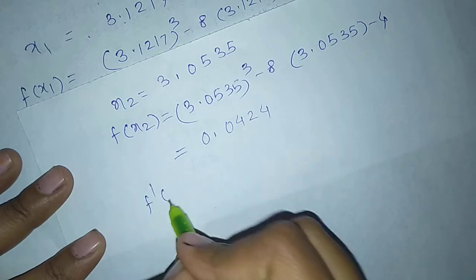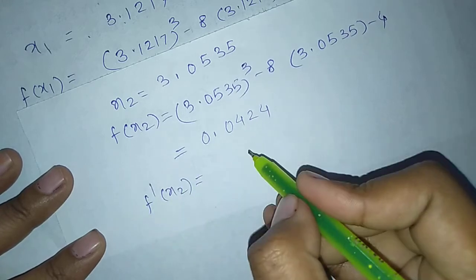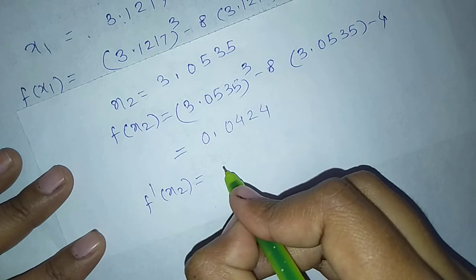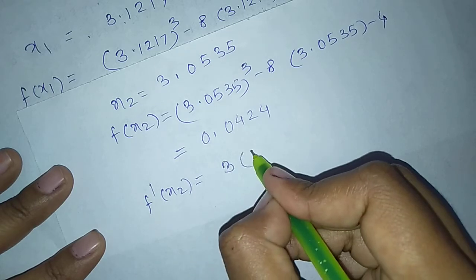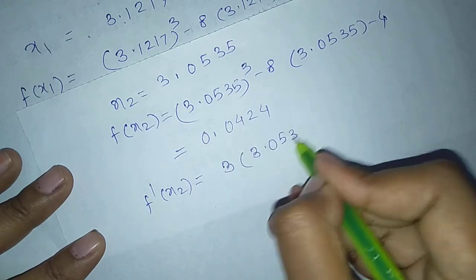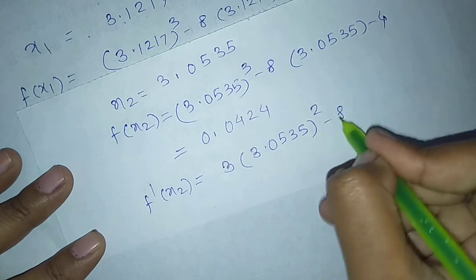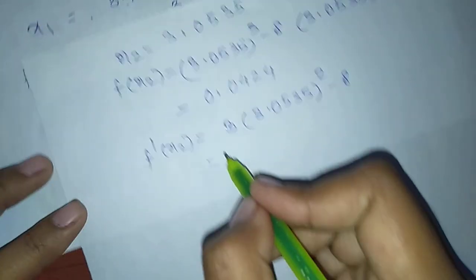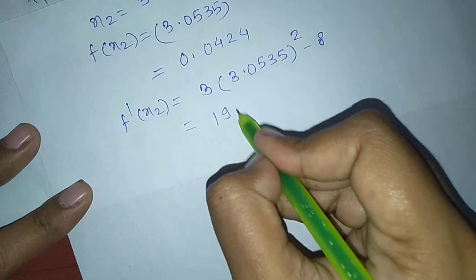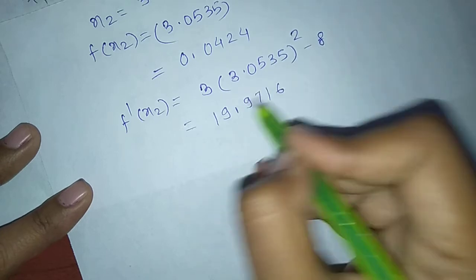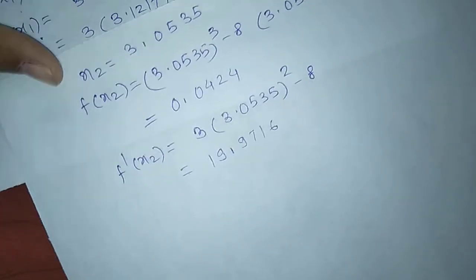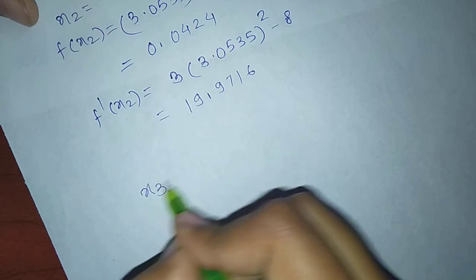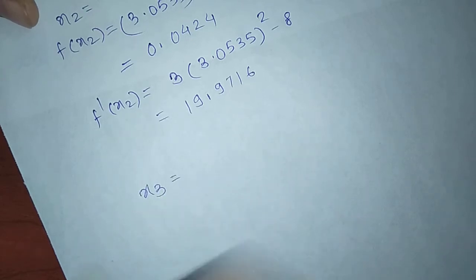Now calculate f dash of x2, which is equal to 3 into 3.0535 square minus 8, equal to 19.9716. Now calculate x3 by using the Newton-Raphson formula.